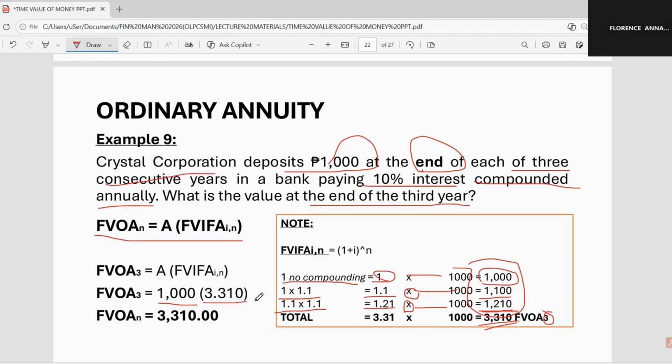You can also compute this by multiplying your annuity payment na 1,000 with your FVFA at the end of 3 years na 3.31. That is 1 plus 1.1 plus 1.21. You'll get 3,310 pesos. Pareho lang. Okay?